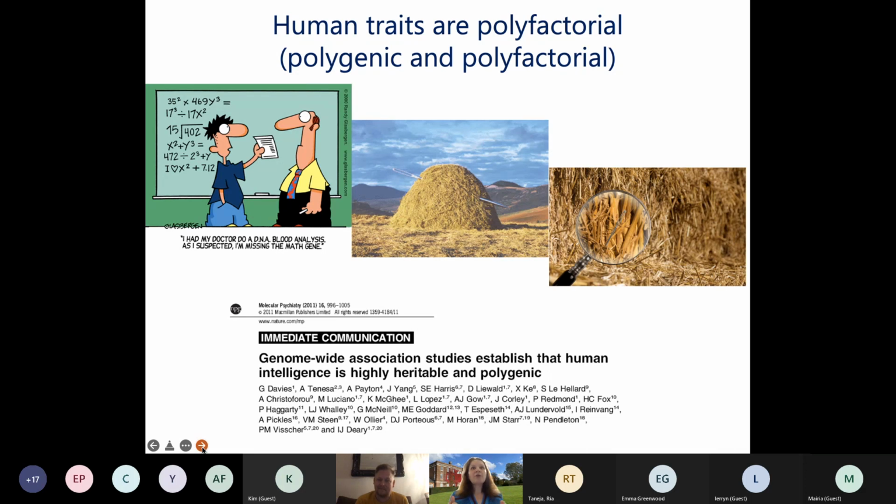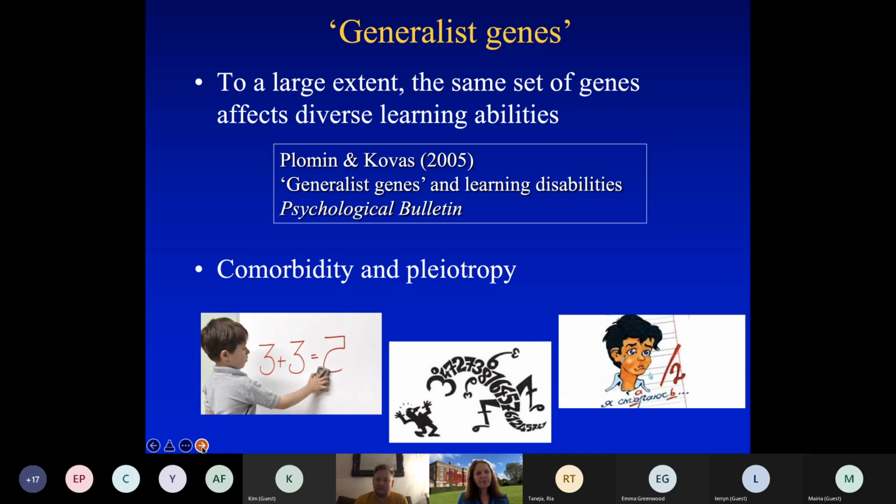For example, if I ask why some children develop inattention, the answer is that there are many genetic factors and many environmental factors that come together to produce these symptoms or signs of inattention in a child. So it's never one thing, and it's never even two or three things. It really is a very polyfactorial system.